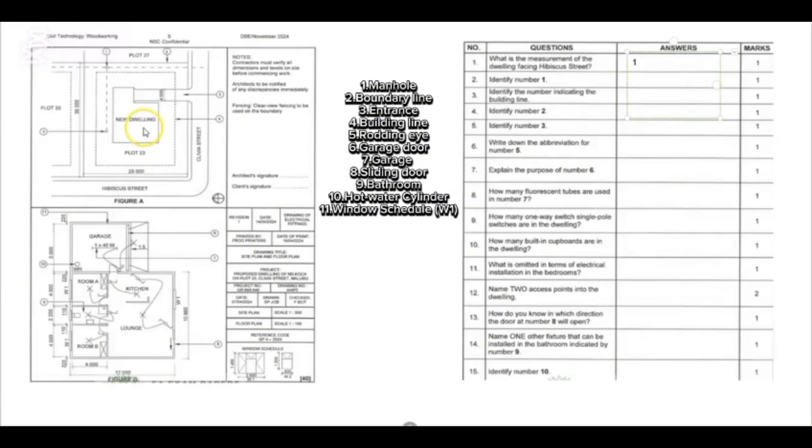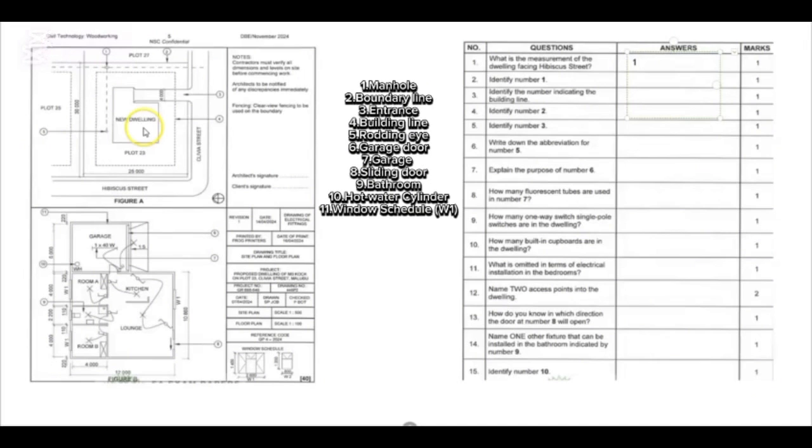It refers to the window schedule or window detail labeled W1 on the plan. Now that we've labeled everything, take a moment to look at your drawing. You should now have all the numbered parts clearly identified. By doing this before answering, when you get to the questions, you'll see how easy they become.